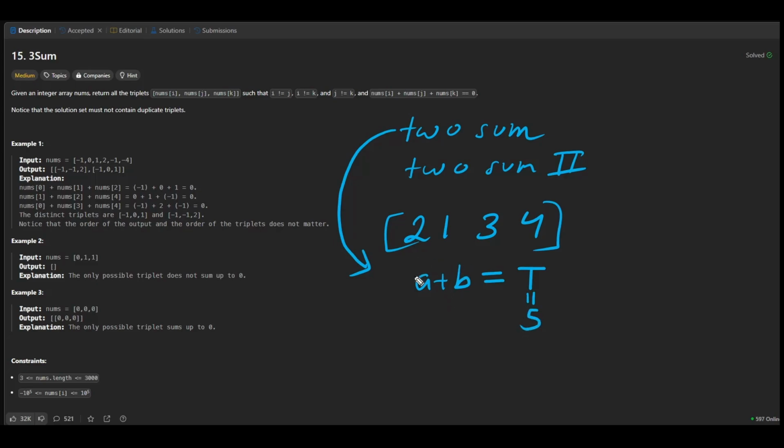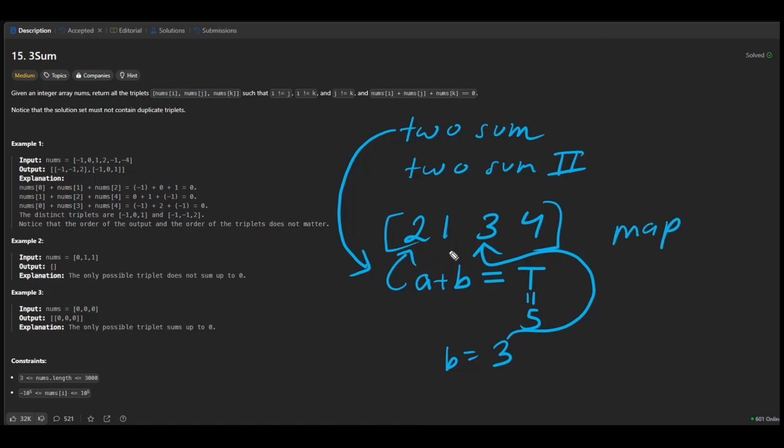The first thing we would do is fix the value of a. So a would become 2. Then b, we are looking for 3. So we would like to find if 3 is present in this array or not, and we can see it is present. To make this search fast, we would use a map.